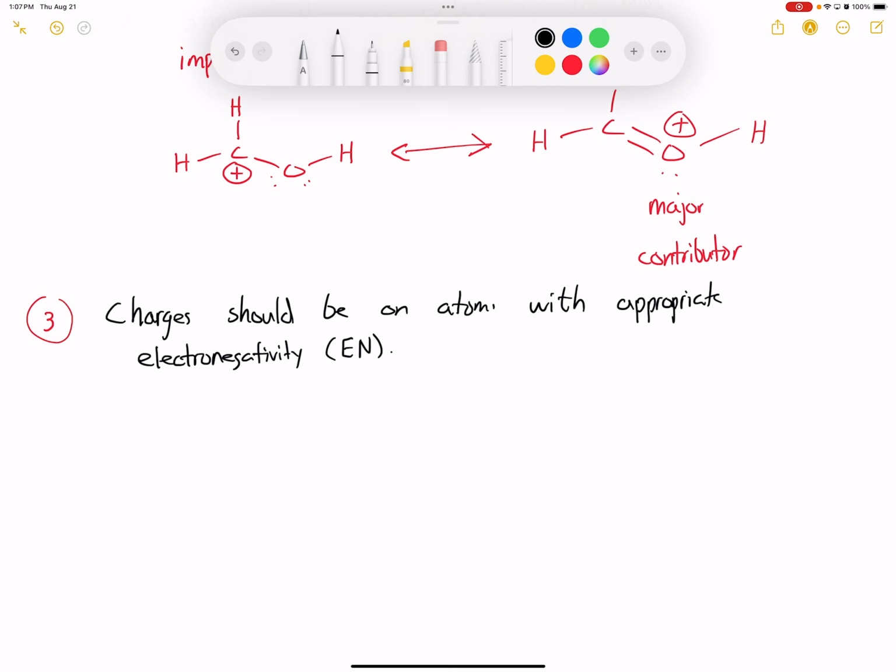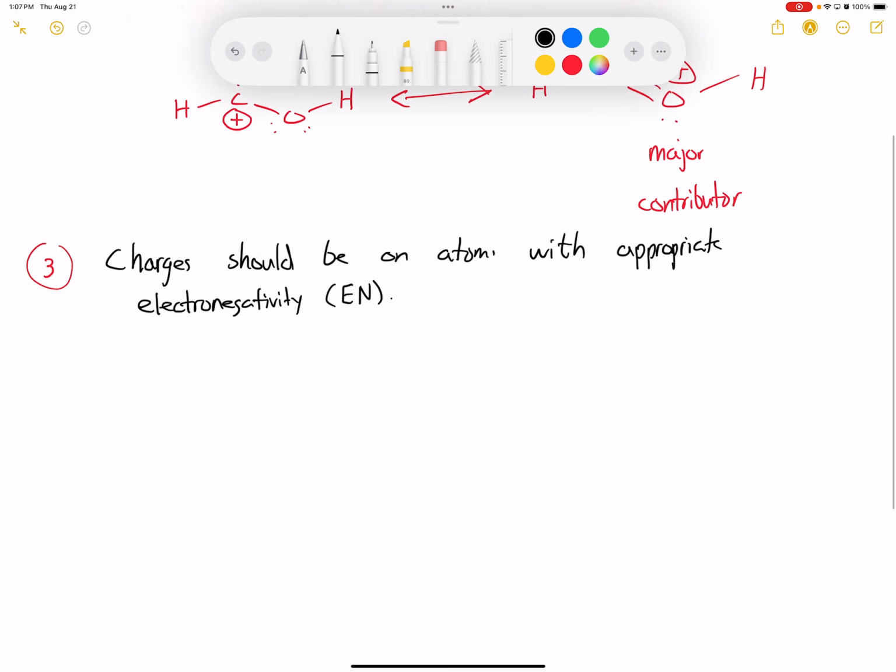Here's an example. We have this negative charge on carbon, and this is an aldehyde. We draw the resonance structure like this.